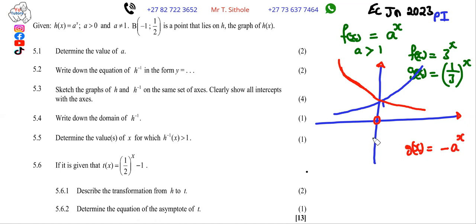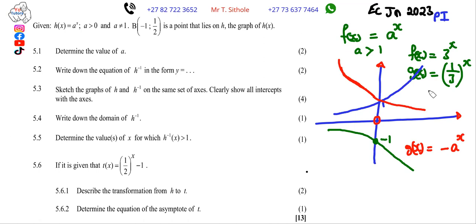In that case, we have a negative, and this negative tells us about the reflection: it shows that the graph has been reflected along the x-axis. So when you put 0 there, you get 1, and that negative gives us -1.